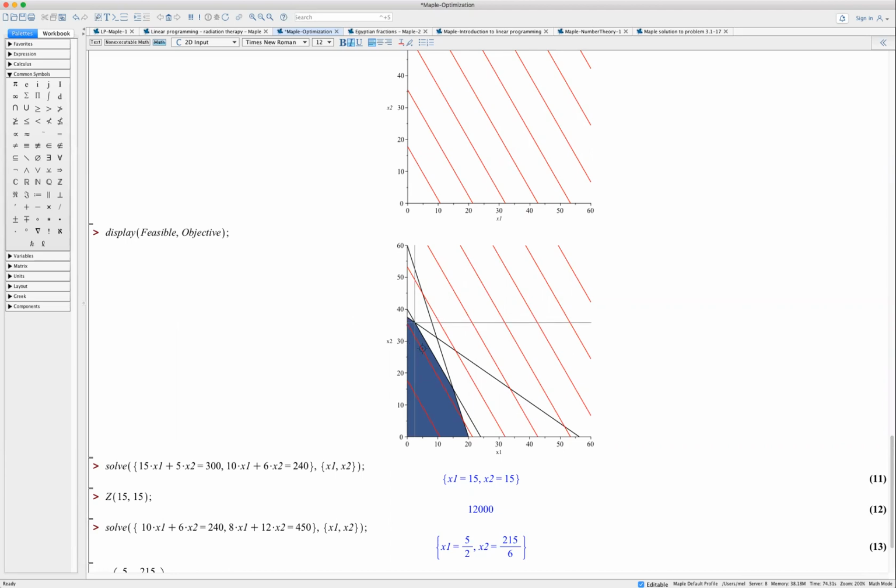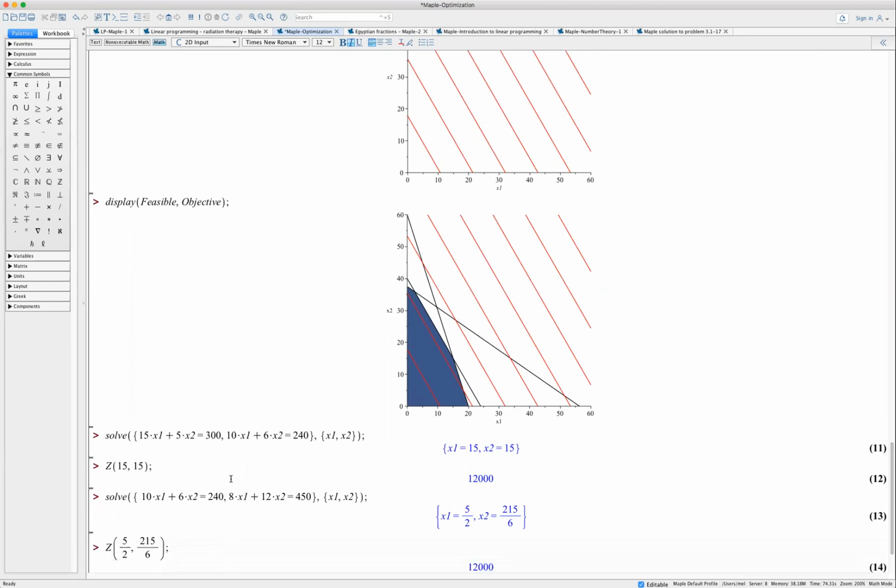So this corner point is the intersection of this line and this line. And this corner point is the intersection of this line and this line. So this corner point you get by solving the 2 equations, because these 2 lines, one is 10x1 plus 6x2 equal 240.